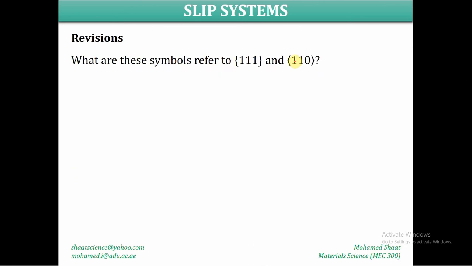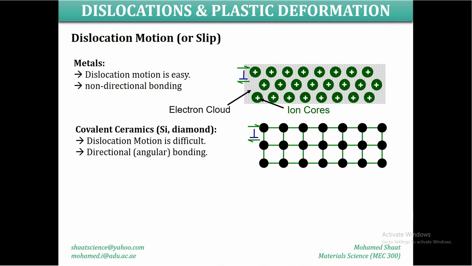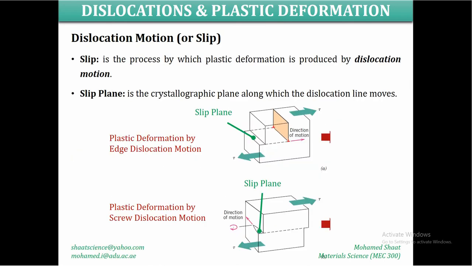As we discussed over the previous video, the dislocation moves following a certain direction. So this direction should be a crystallographic direction within the material microstructure, depending on the crystal structure of the material. In the meanwhile, there should be a slip plane, which is the plane over which the dislocation is going to move.